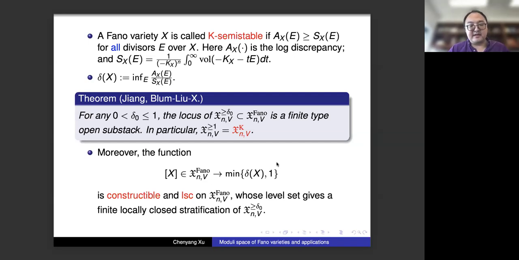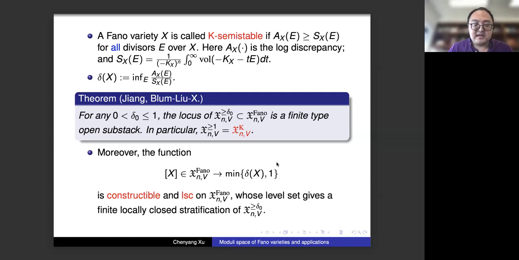I mean, we know many examples. So you have to specify a little bit of other conditions, and here the condition we specify is that the delta invariant has a lower bound. Particularly, if I take delta 0 to be 1, then that just gives me the open substack of K-semistable Fano varieties, which is finite type.